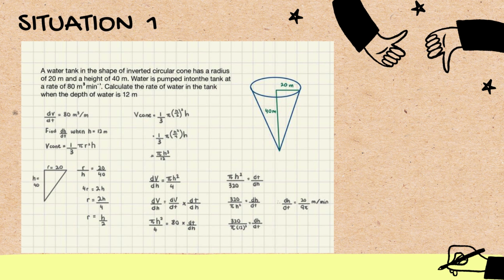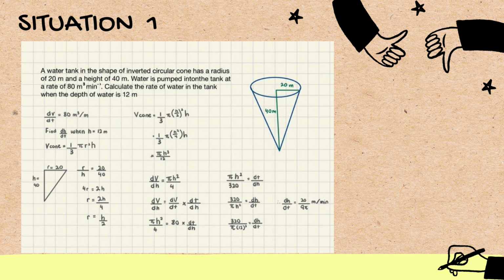So first, we can cancel the 0. Then we can take 4 to the other side and it will become 4r equal to 2h. Eventually we will know that r is h over 2.